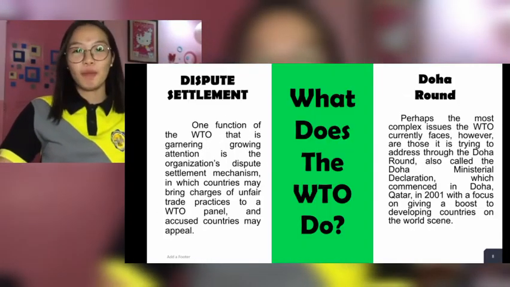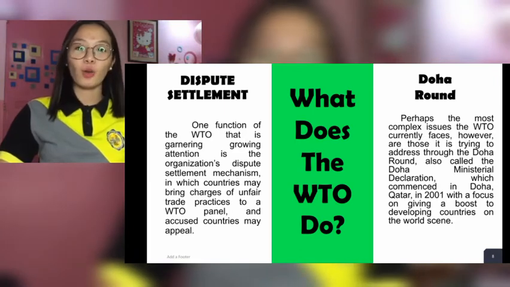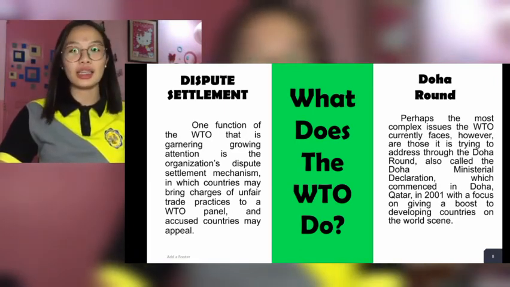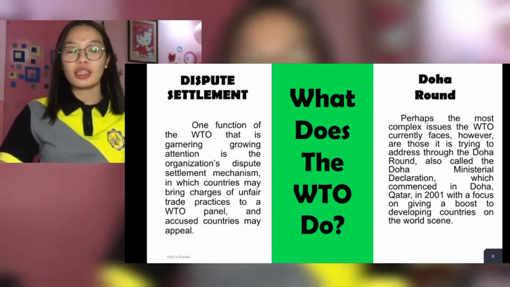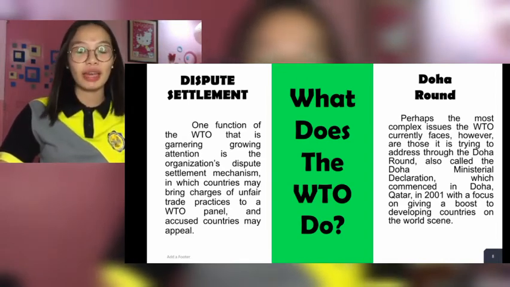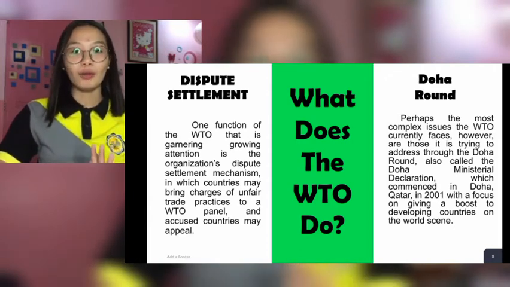The dispute settlement. One function of the WTO garnering growing attention is the organization's dispute settlement mechanism, in which countries may bring charges of unfair trade practices to a WTO panel and accused countries may appeal. The next is the Doha Round.